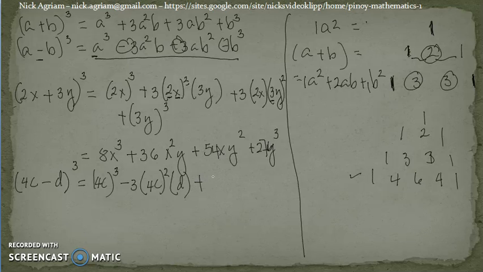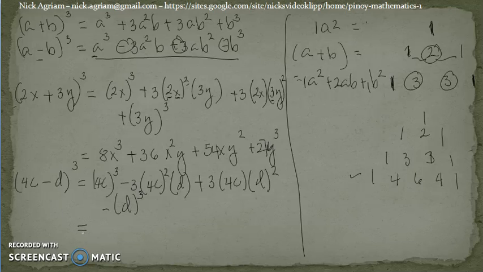The third is 3 multiplied by the first term and the last term squared, and then the last term now is d. Minus there, sorry, not plus, this is minus, so minus d.